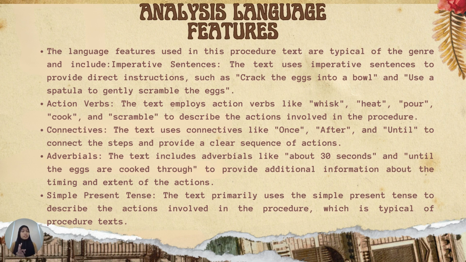Third is connectives. The text uses connectives like once, after, and until to connect the steps and provide a clear sequence of actions. So it must be systematically arranged in order to achieve the goal.